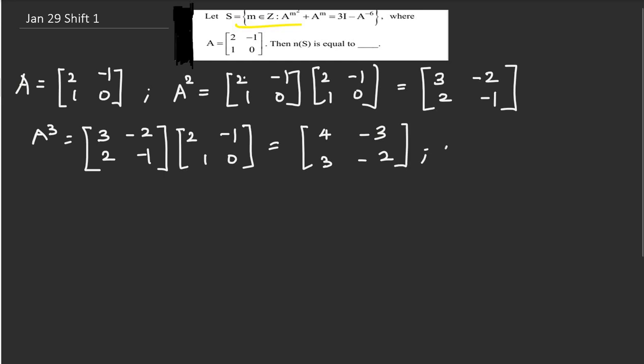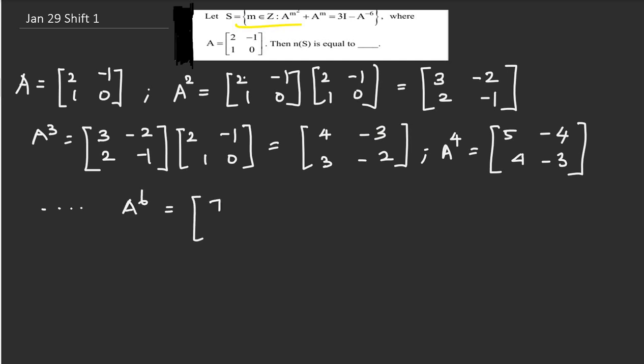Similarly, we find A to the power 4, which will be 5, minus 4, 4, minus 3. And so on, up to A to the power 6, which is 7, minus 6, 6, minus 5. Now look at all these elements.